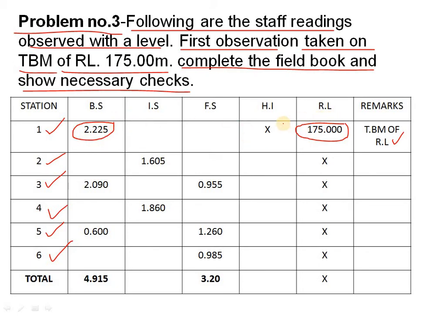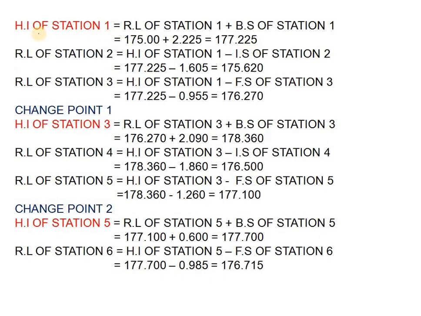As per our formula, to get the HI, what we have to do? HI is equal to RL plus BS. RL is given as 175 and BS is given as 2.225. How much answer will you get here? HI of station 1 is equal to RL of station 1 plus BS of station 1.